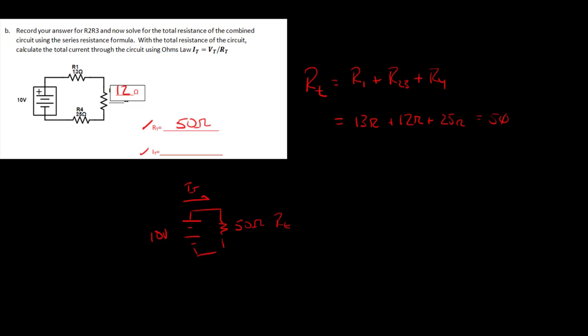So from Ohm's law, I equals V divided by R. That will be 10 volts divided by 50 ohms, or 0.2 amps, and that's also equal to 200 milliamps. So that's how we find the solution to this next problem. So we're at 200 milliamps or 0.2 amps. Either answer is acceptable.